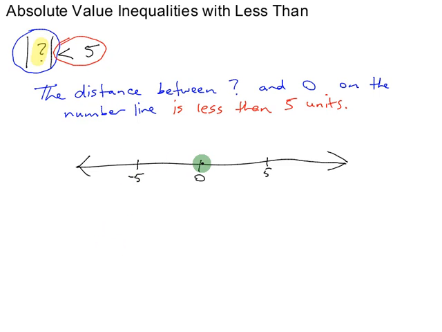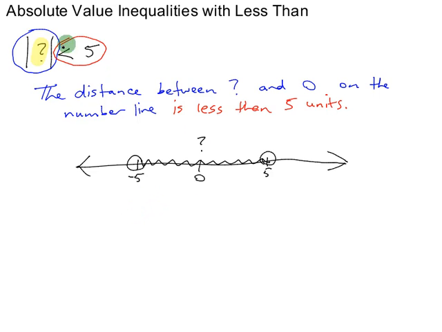So any number between -5 and 5 could be question mark, right? All the numbers to the left of 0 down to -5 are less than 5 units away, and all the numbers to the right of 0 up to +5 are less than 5 units away. So question mark could be any number in this region.